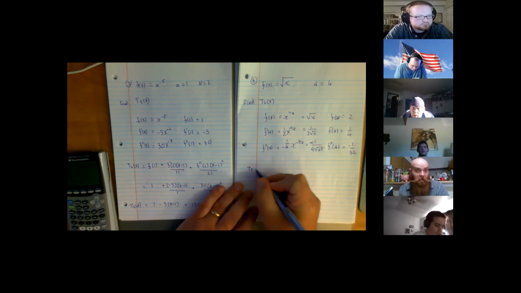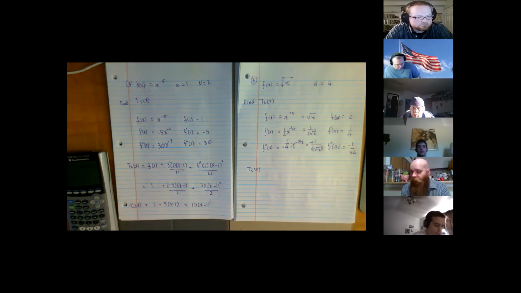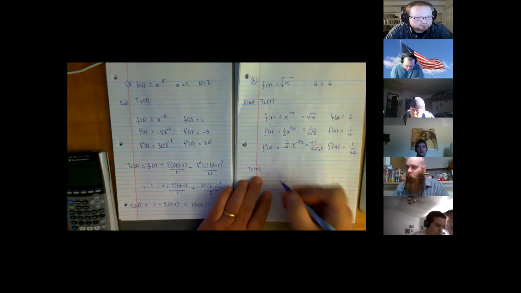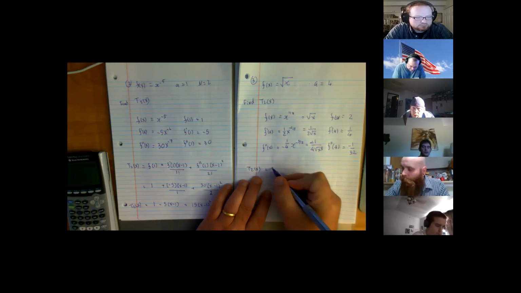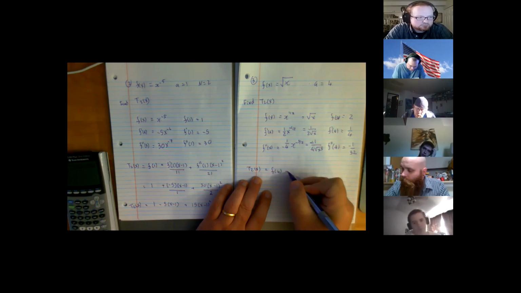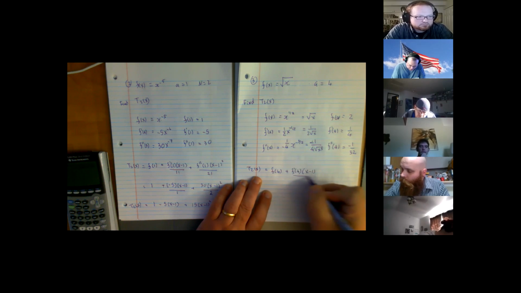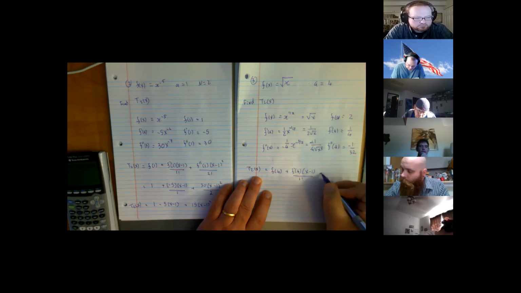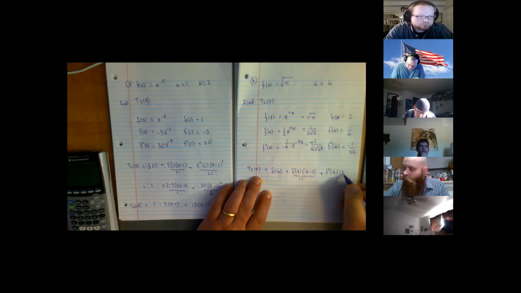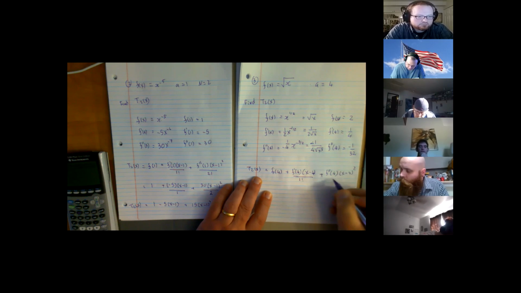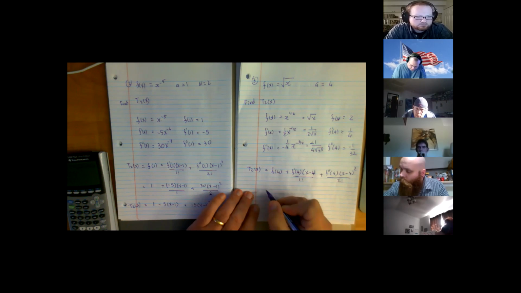So what does T2 of x look like? Well, it's going to look like f of 4, plus f dashed of 4, x minus 4 over 1 factorial, plus the second derivative at 4, x minus 4 squared over 2 factorial.